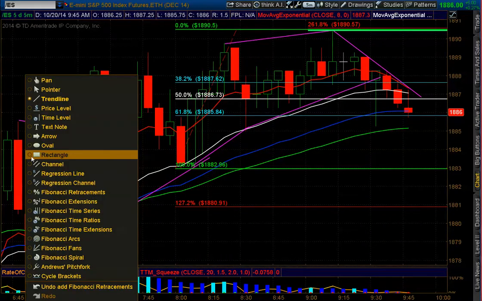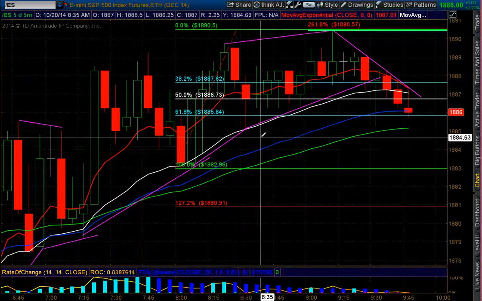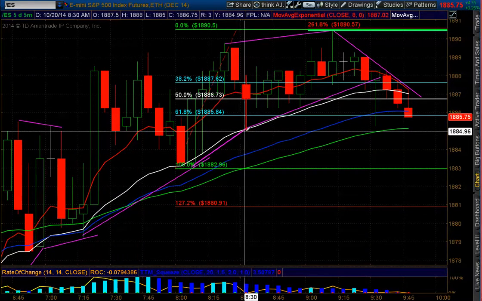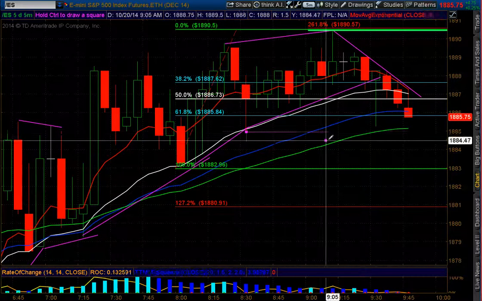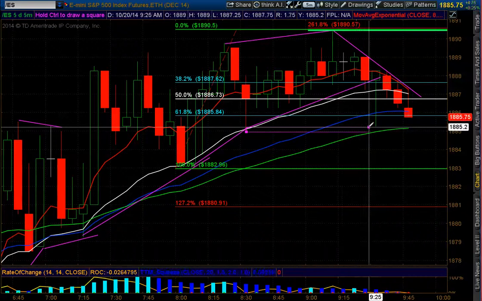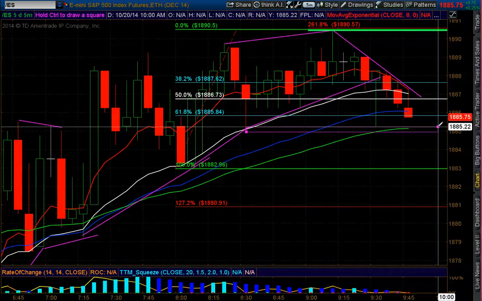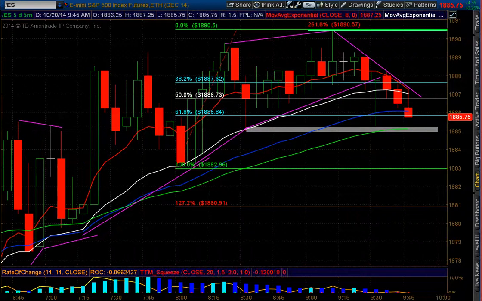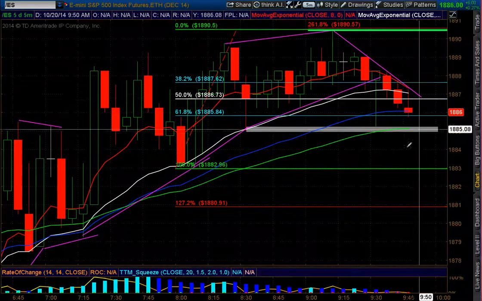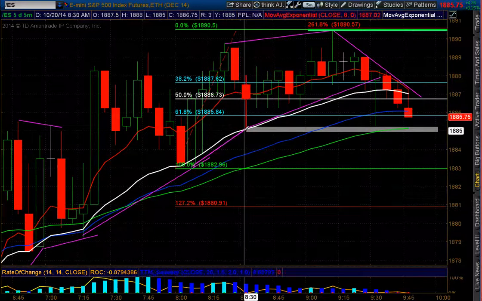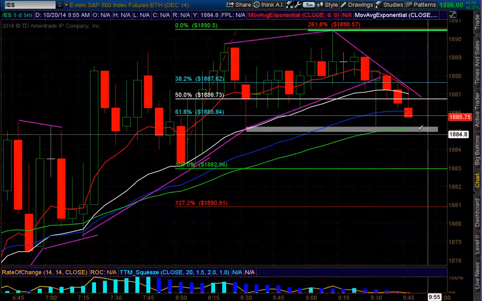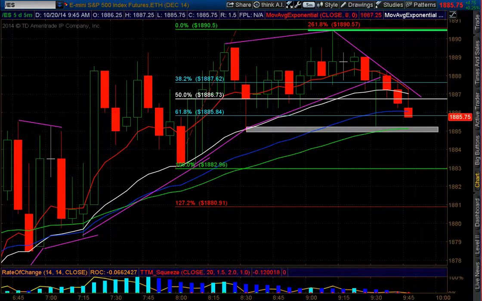Let's draw a small rectangle to show a potential area of support between this low and this low right here, see this low? Right there, this is a pretty strong area of potential support. So from a Fibonacci standpoint, we're trying to break the 61.8, yet from picking the two recent lows, we got support right here. So let's take a minute and see if price is going to hold here.